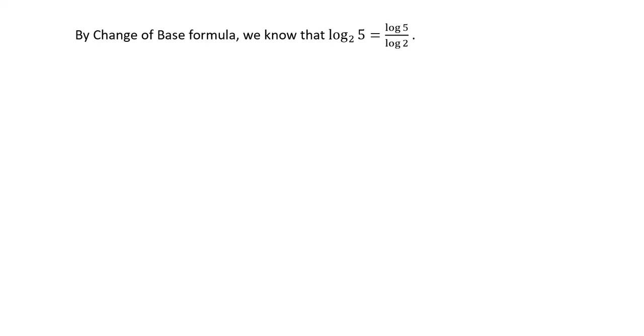Or we could also say the natural log of 5 divided by the natural log of 2 if we wanted to use base e. Take a moment here and verify on your calculator that you get the same number as we did before when we worked this long ways.